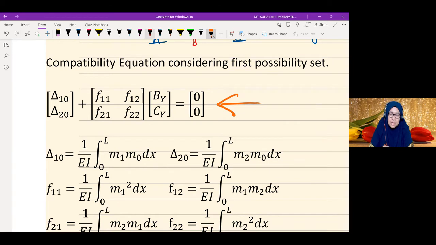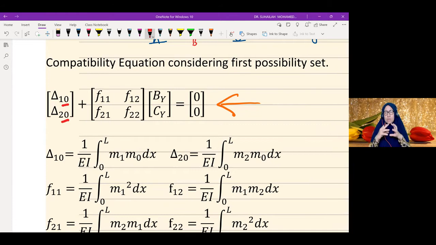So when we see delta 1 zero and delta 2 zero, we know these are the two displacements at the primary beam, located at the positions of redundant number 1 and redundant number 2, because we have two redundants, we have two positions.